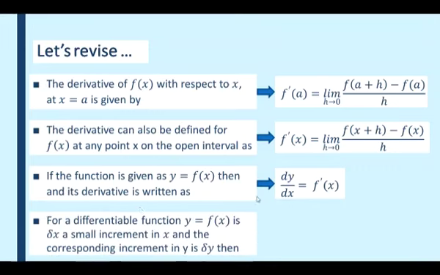Next, for a differentiable function y equal to f of x, if delta x is a small increment in x and delta y is a small increment in y, then we can write limit delta x tends to 0 of delta y upon delta x equal to dy by dx. So this we will be using further.